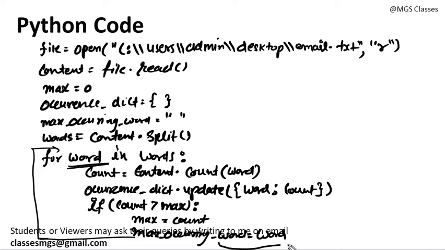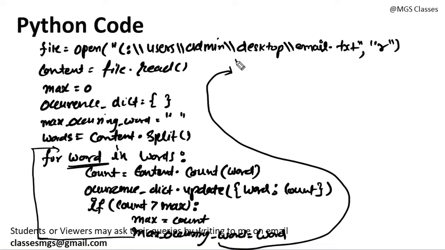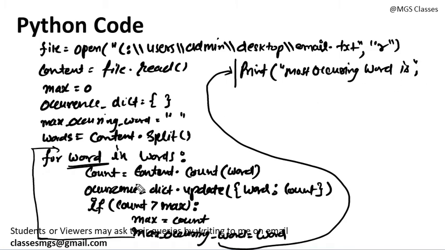So I am going to write the other part of the code here. This will be outside the for loop, so remember, and print most occurring word is what? It will be in the maximum occurring word variable.